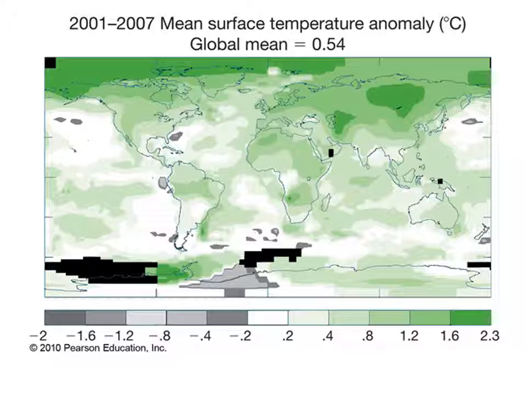This is just showing us the 2001 to 2007 mean surface temperature anomaly, which is the difference from what is expected. The global mean was 0.5 degrees Celsius warmer than normal. We're around there in the 0.4 to 0.8 range.